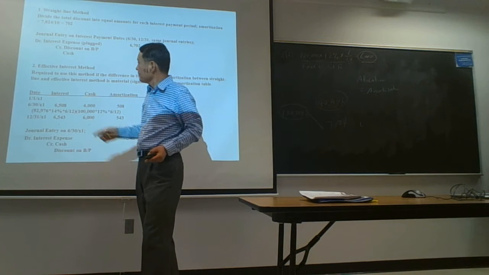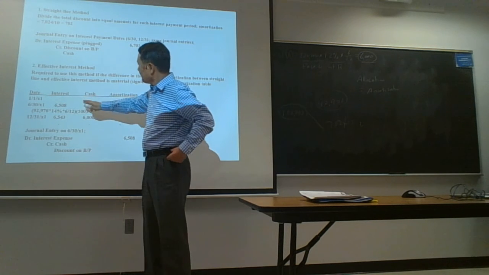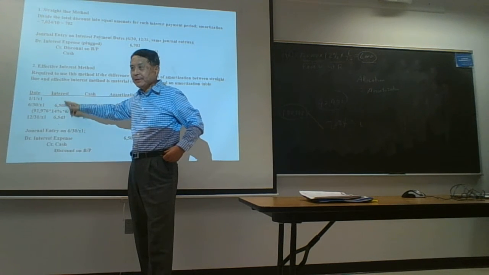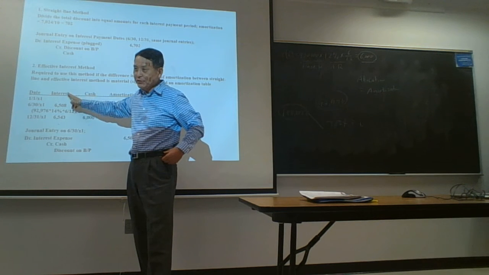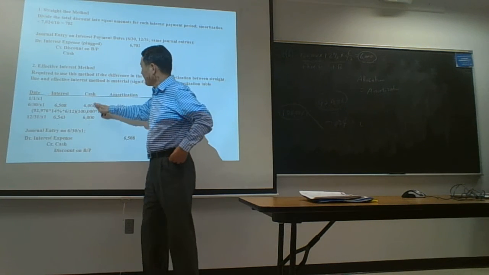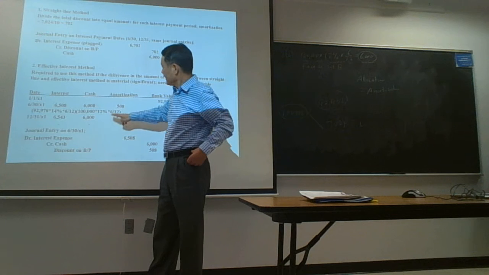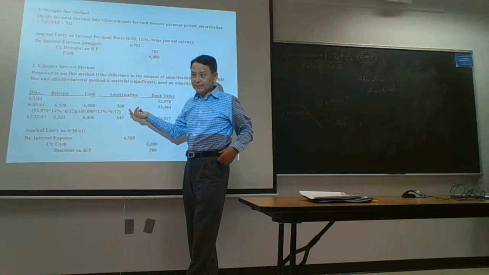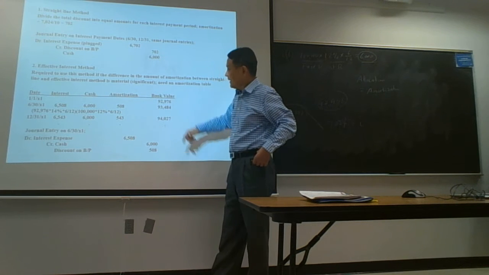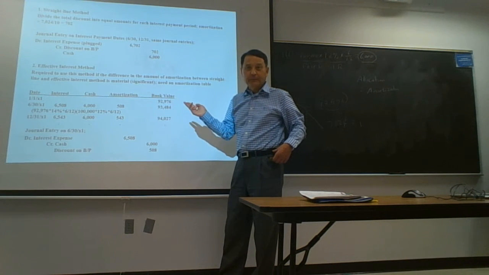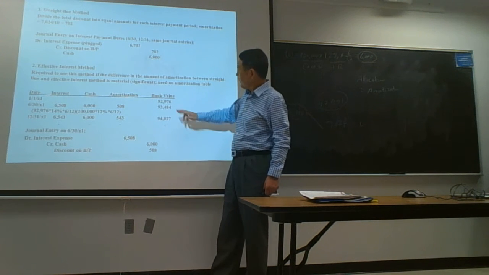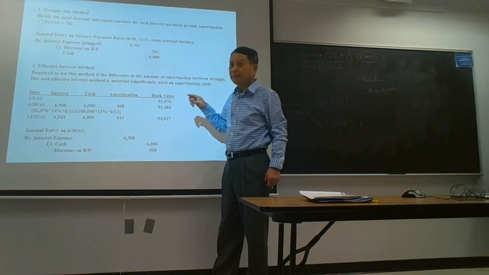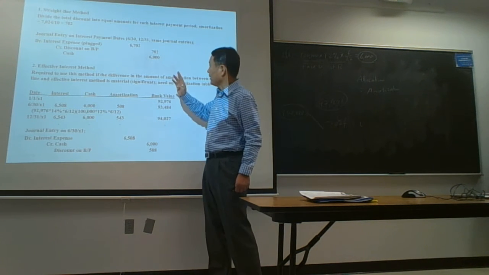Payment date. Number 2, interest expense. Number 3 is cash payment. Column 4, amortization or allocation. And the last column is for book value. Okay? We start from book value, we start from the present value or price of the bond.